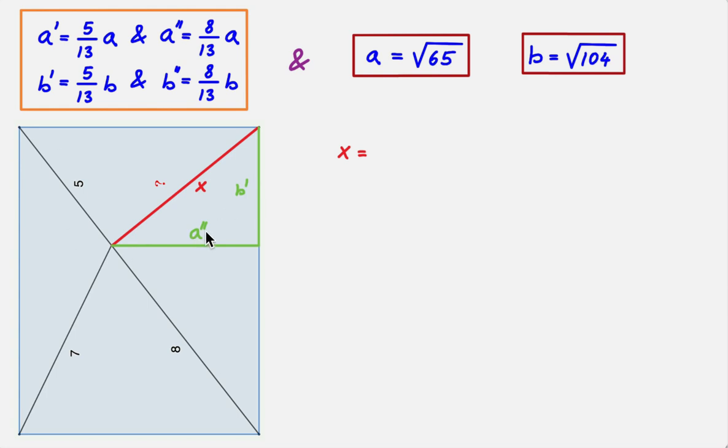So we have those two sides. Again, they are inside this orange box related to the big A and big B, and those are already known values. So the x is easy to find from the Pythagorean theorem.